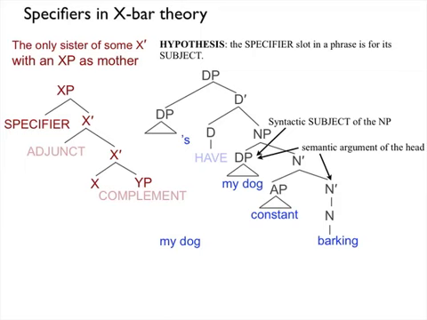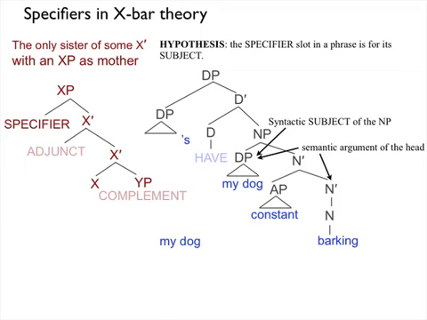One of the principles is, if you are an argument of a head, then you are in the phrase that head projects. This N, barking, projects an NP, it doesn't project the DP. There's something about the grammar that necessitates the DP, but the noun itself projects only an NP, a noun phrase, right? Because that's part of X-bar theory and so forth.